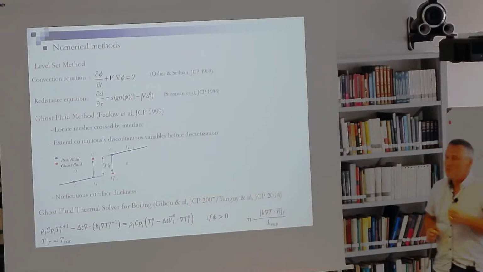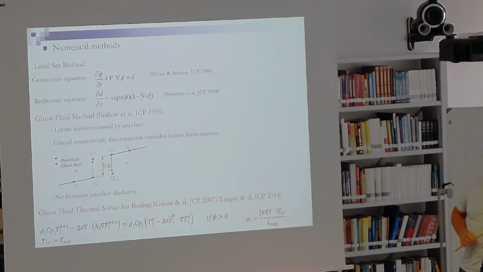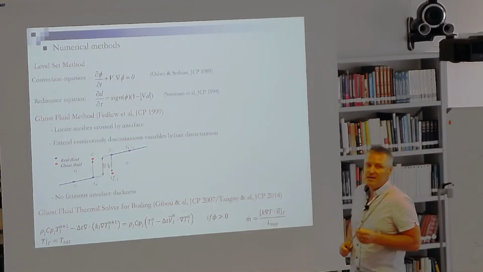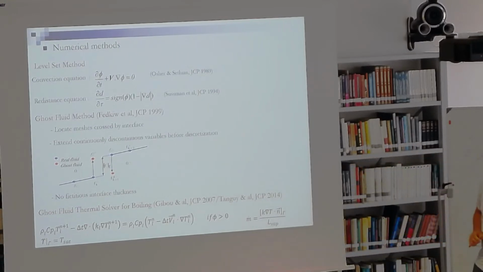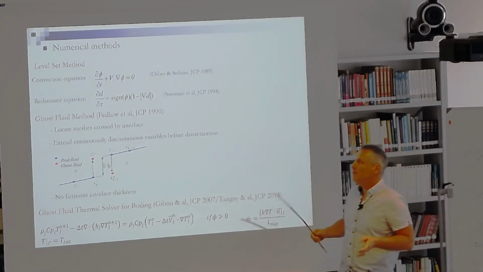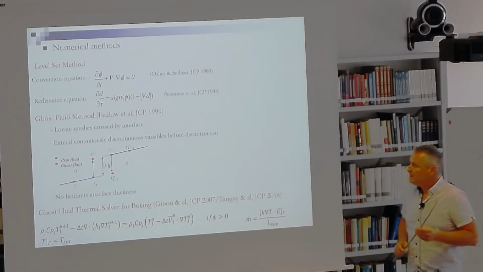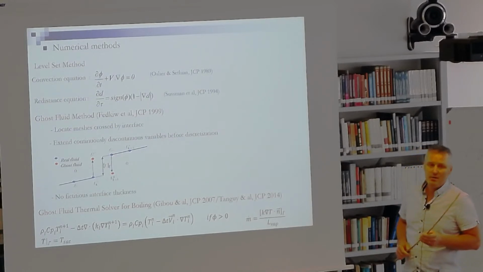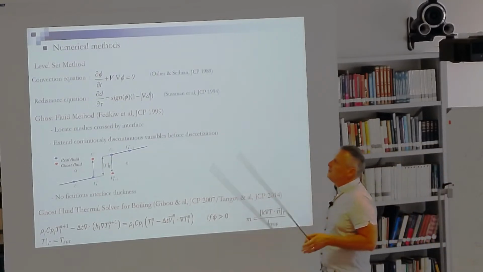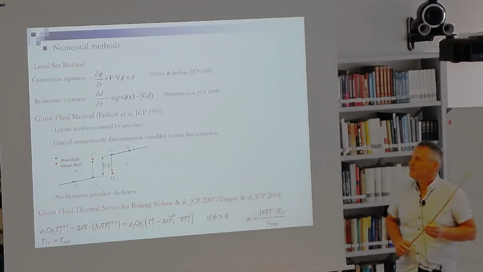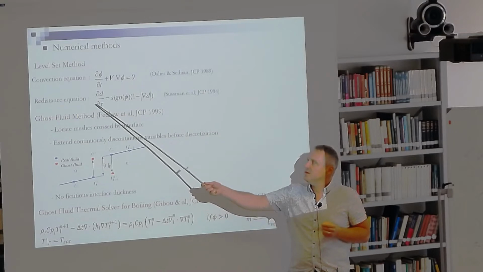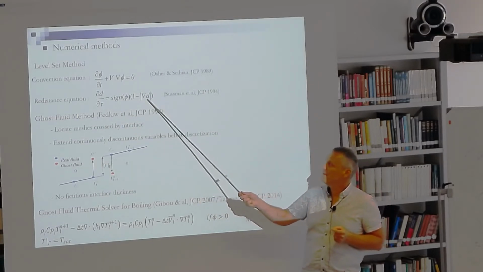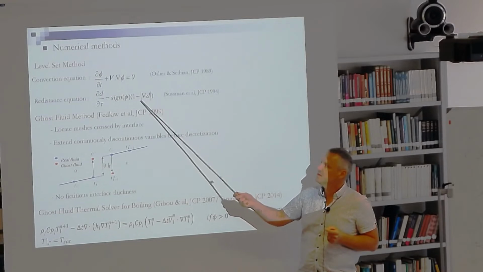So this was just a quick introduction, and before going further, here are some details on the numerical method which is used. We use a level set method, which is a Eulerian interface capturing method, which is a bit similar to the others, except that it does not strictly conserve the mass, but it has some interesting properties on the continuity of the function, which can be enforced by imposing a resistance equation, which ensures that the norm of the gradient of D is equal to 1.